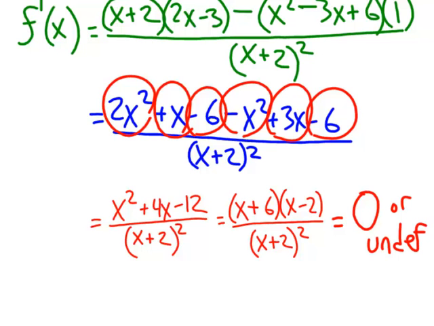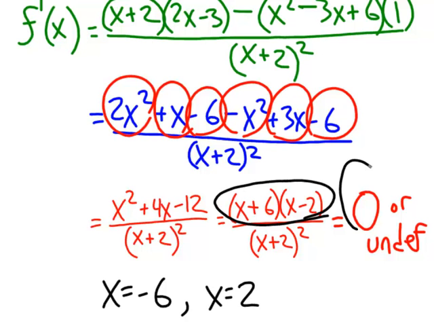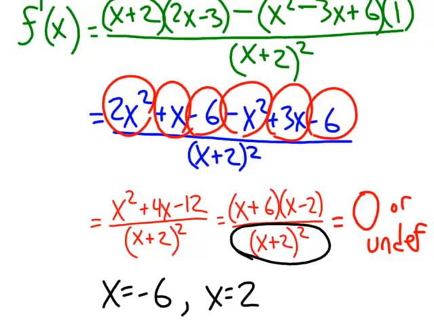And we'll see that our solutions are, from that factor, x equals negative 6, and from this factor, x equals positive 2. And those are what are going to make the derivative equal to 0, right? When the numerator is 0, the whole fraction will be 0. Now, what's going to make the whole fraction undefined? That's when this denominator is equal to 0. So we see that x equals negative 2 will do the trick there.